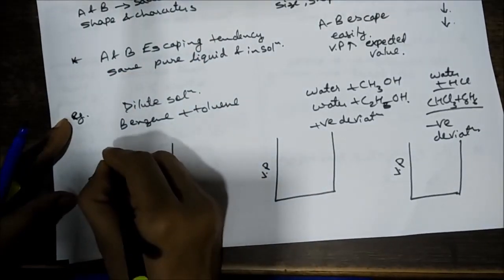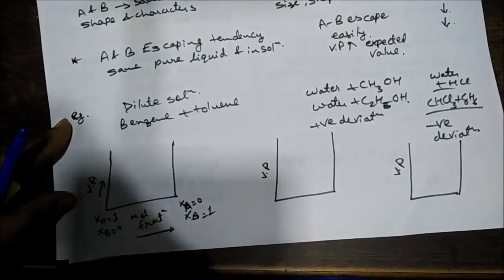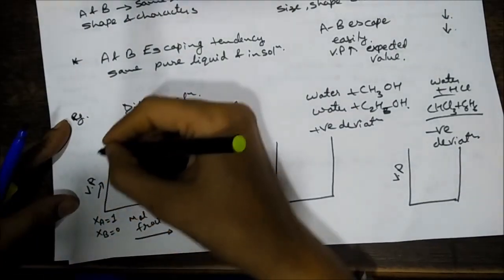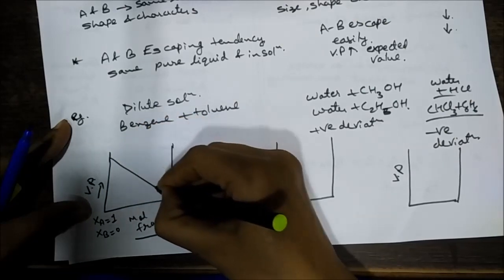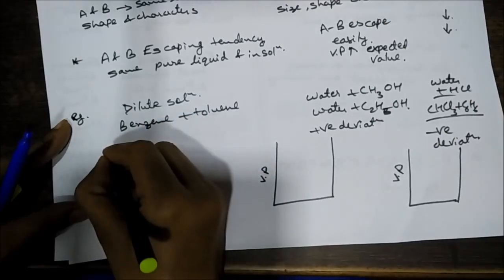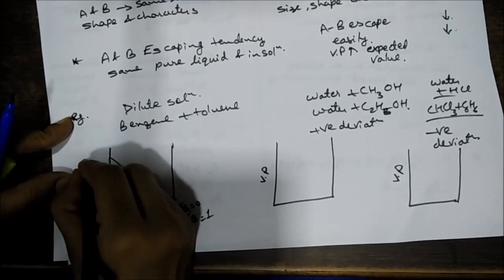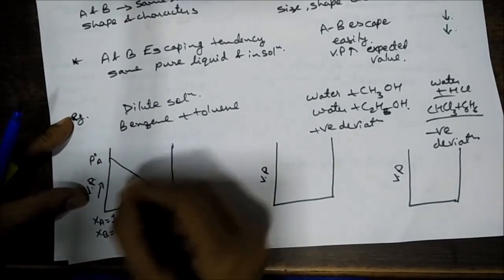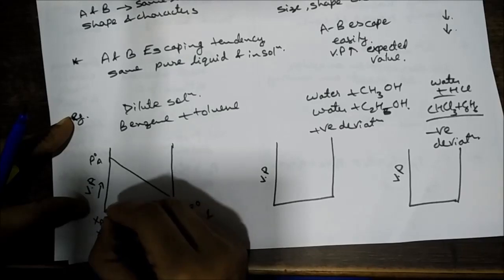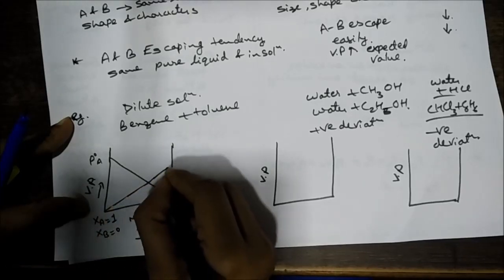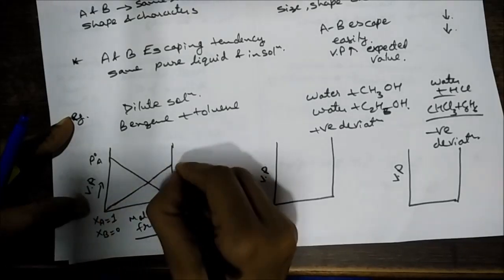For ideal solutions, as we know, the pressure in its pure state will be a straight line, and for component B it will also be a straight line.